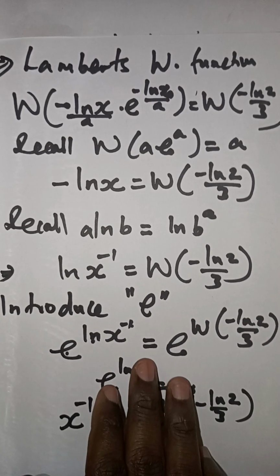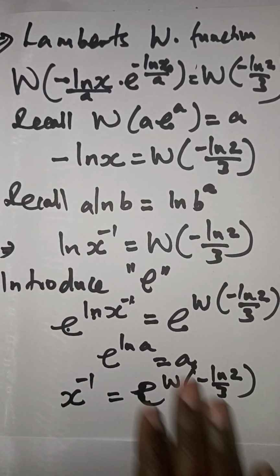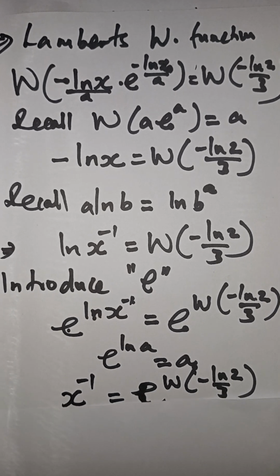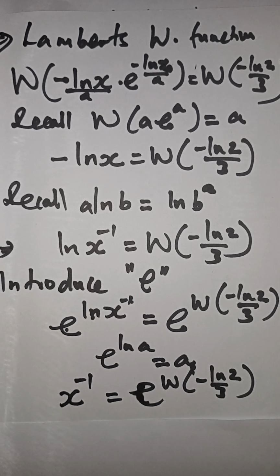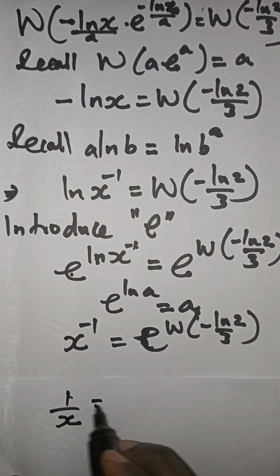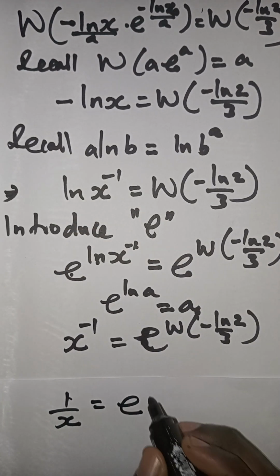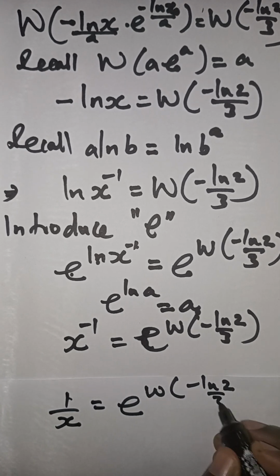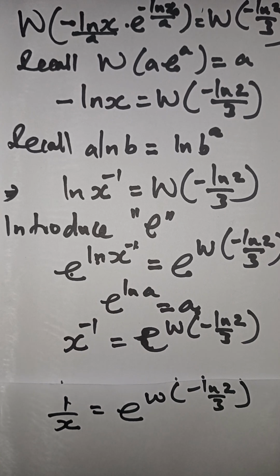So this can be further rewritten. x power negative 1 can be written as 1 over x. 1 over x is equal to the exponential of W of the natural log of 2 over 3, like that.